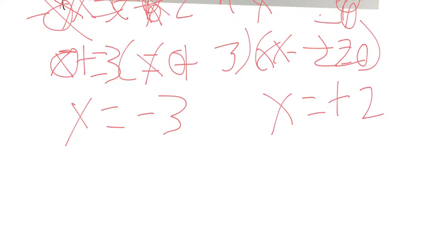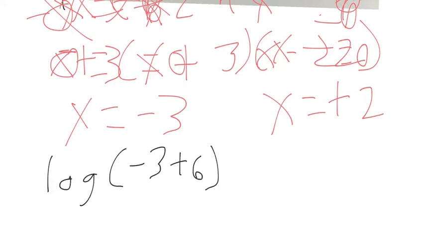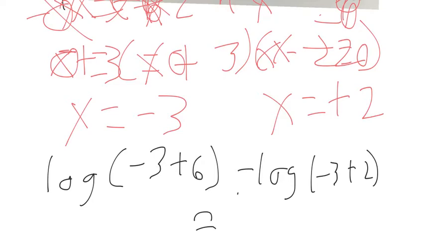But anyway, you need to check both these answers. Because remember, in a logarithm, we cannot have anything negative inside the logarithm. So if you were to plug in negative 3, for instance, you would have log of negative 3 plus 6 minus log of negative 3 plus 2 equals log of negative 3.